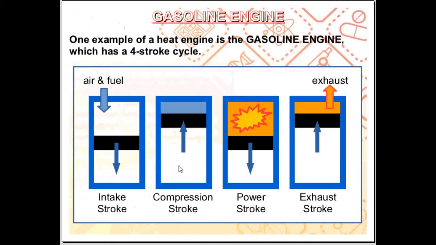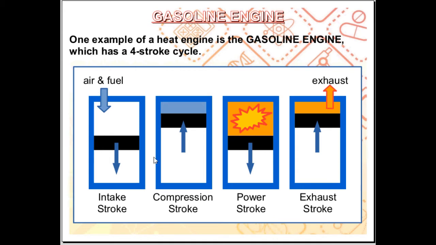One example of a heat engine is the gasoline engine, what we know as the internal combustion engine. A gasoline engine has a four-stroke cycle. You have the intake stroke, compression stroke, power stroke, and exhaust stroke.